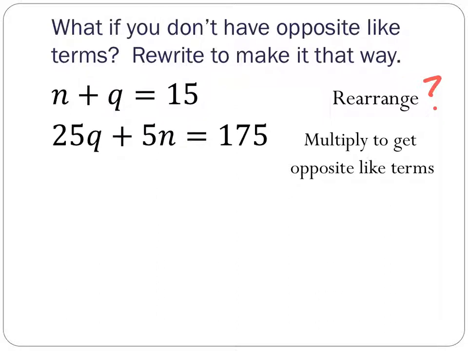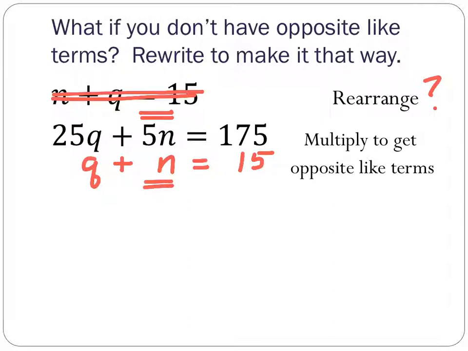I'm going to go ahead and rewrite this one underneath. And then I think it would be easiest for me to get the n's so they're like terms. So I'm going to multiply the bottom one by -5.